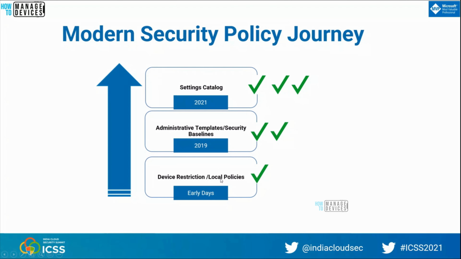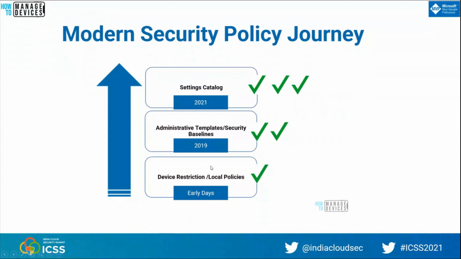You can deploy some scripts for the local policy through Intune, and then get into that state of security restrictions. So that was the initial or early stage when we started the Intune deployments or modern management with security policies.